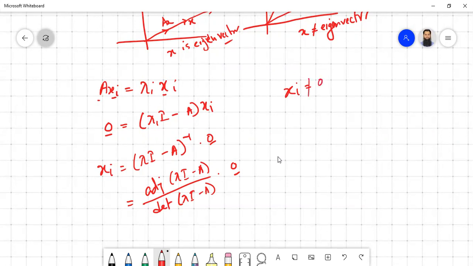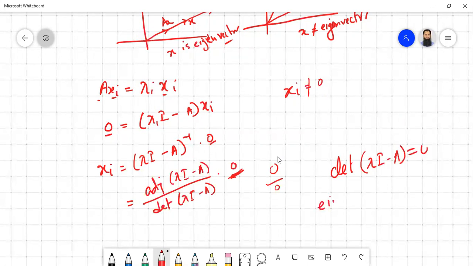The only possibility is that the determinant of lambda I minus A is zero, then 0 by 0 is undefined, so xi can have values other than 0. Otherwise, in every case, xi will be 0. So we have to set the determinant of lambda I minus A equal to 0, and that gives us the eigenvalues.